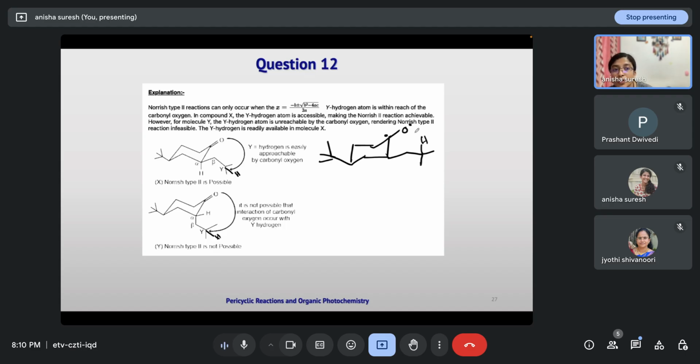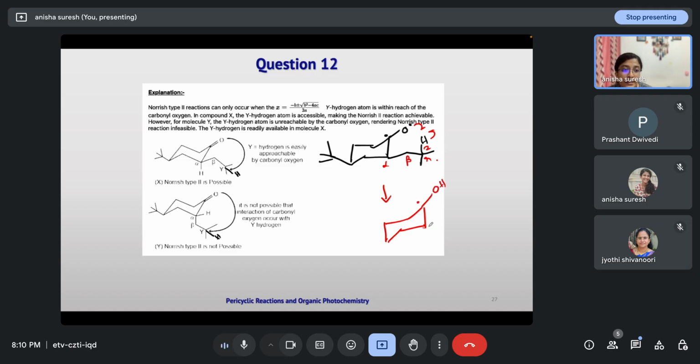So here this O dot can abstract this gamma hydrogen: alpha, beta, gamma. So this can abstract this hydrogen, leading to formation of OH.